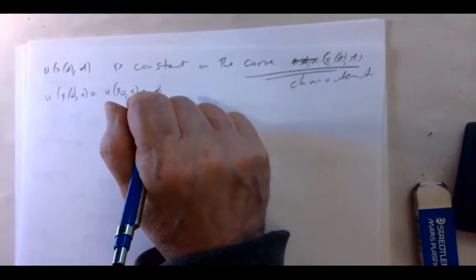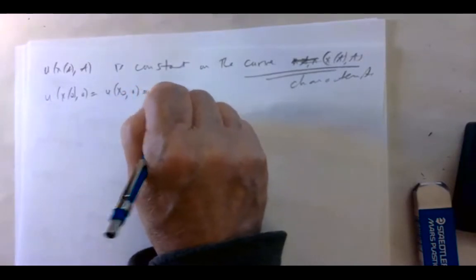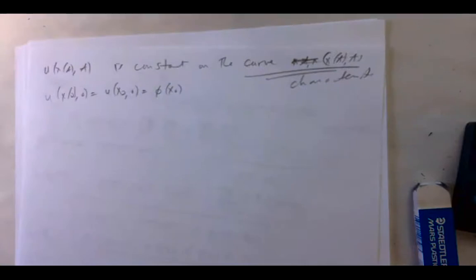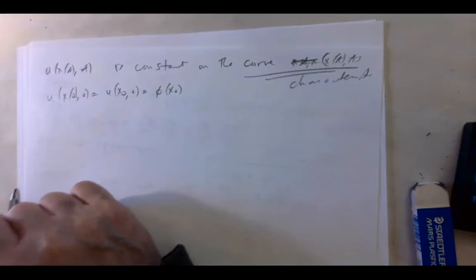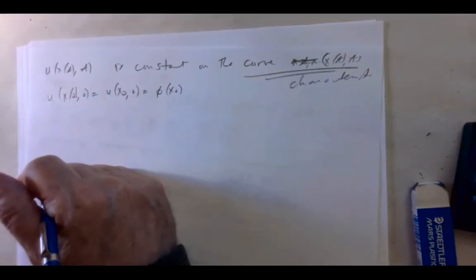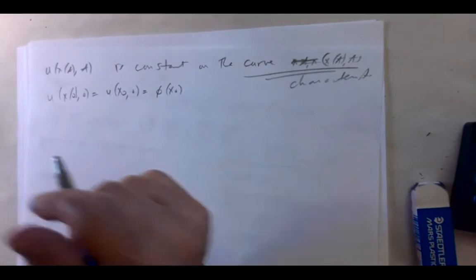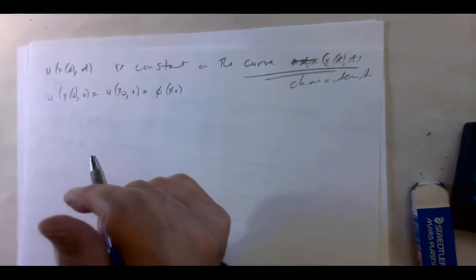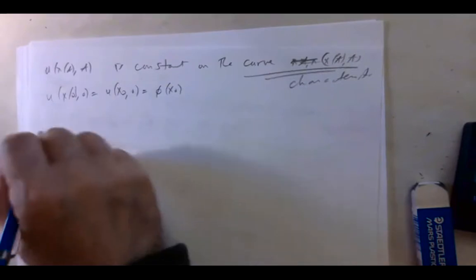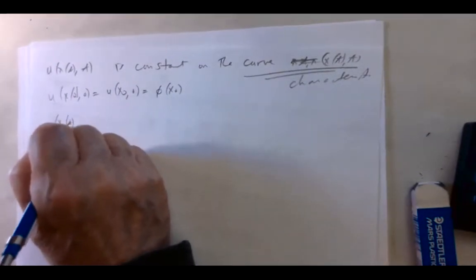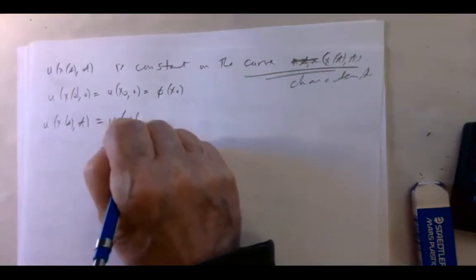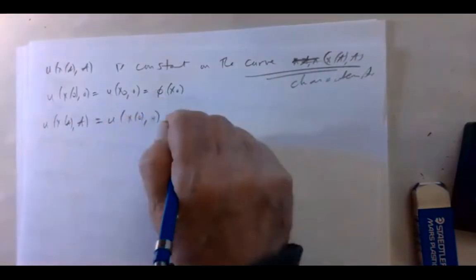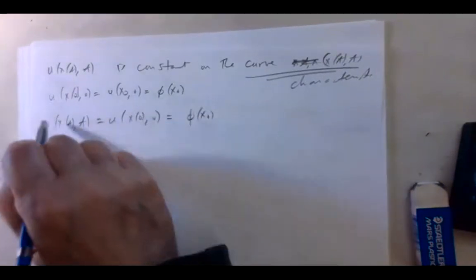This is phi of x naught. So u of x of t comma t, if this is constant on the curve, is the same as u of x of 0 comma 0, which is phi of x naught.